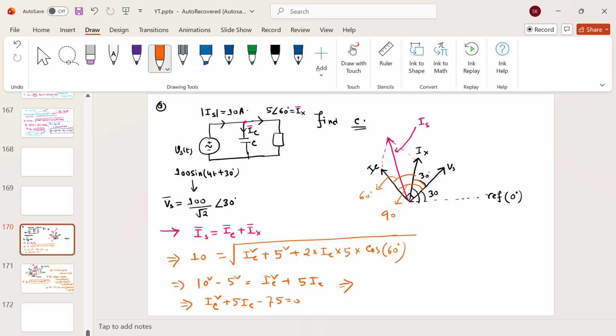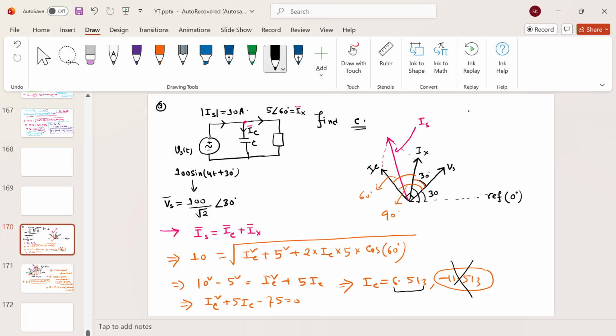So if you calculate this, you will get 6.513 and minus 11.513. This negative value you can neglect, because I am considering only magnitude and magnitude cannot be negative. So 6.513 is the capacitor current.